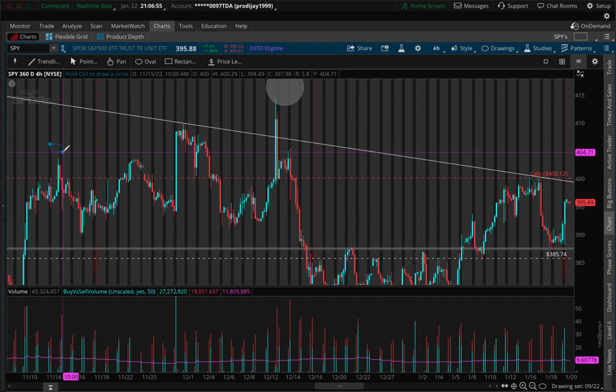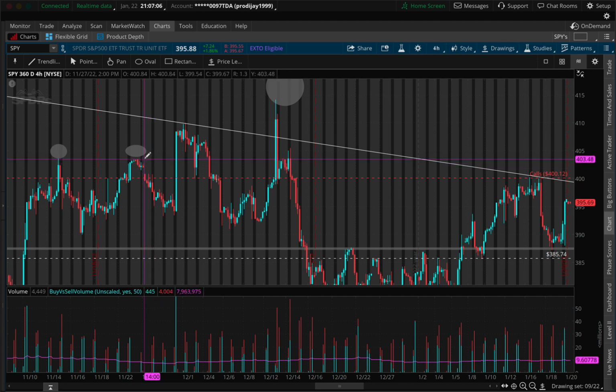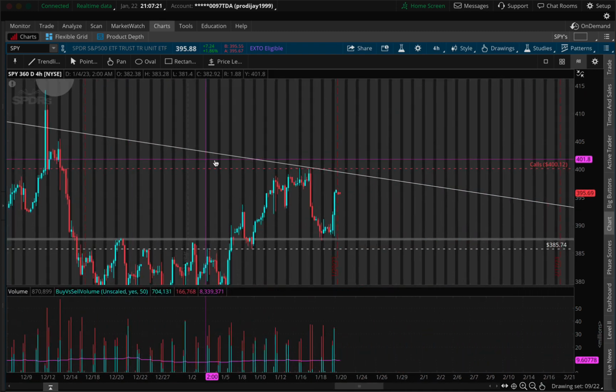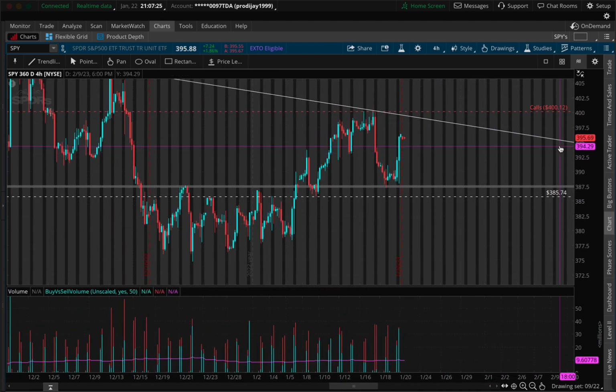I even plan on taking calls again on the break of these, reason being it would be a lot of new highs. Pretty much these two breaks. That'd be nice for a nice continuation onto the bull side. So that's pretty much just what I got going on.